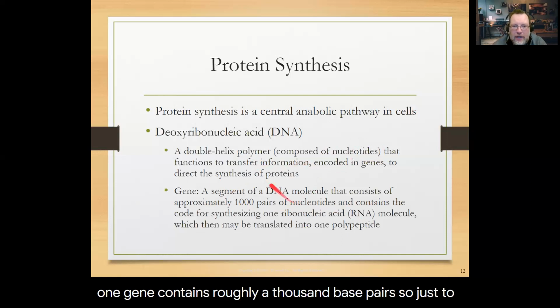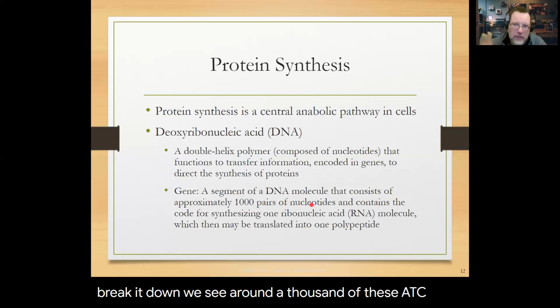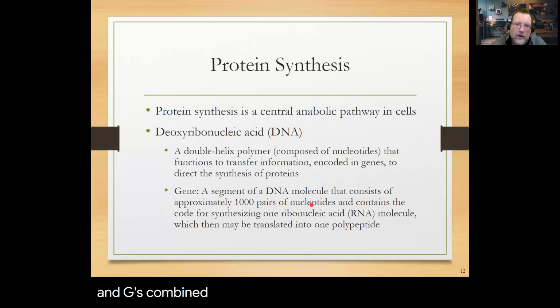Just to give you an idea of what a gene is, very tiny. But when we break it down, we see around 1,000 of these A, T, C's, and G's combined together in different patterns to create some sort of structure or chemical.